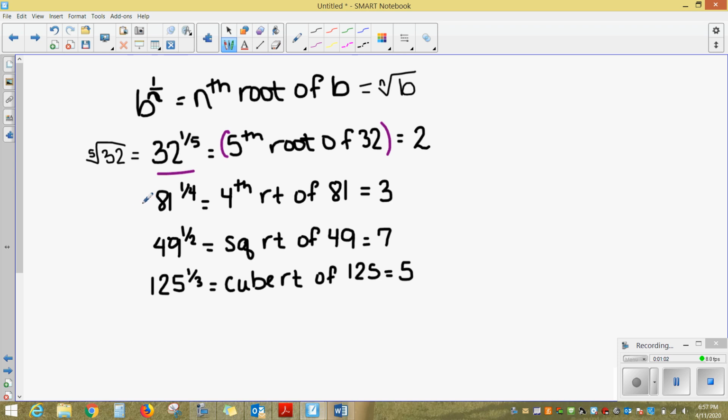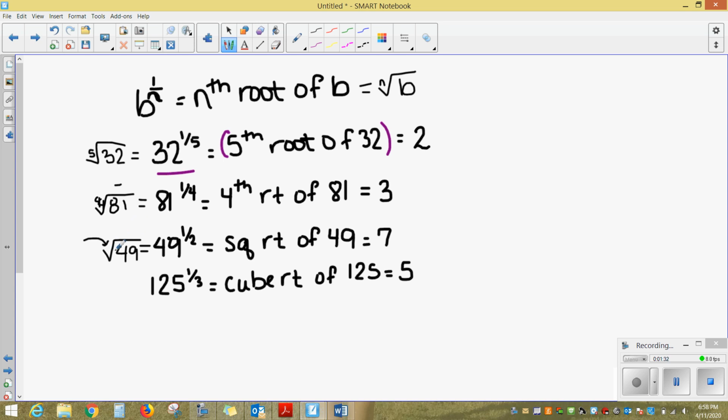Maybe I want the fourth root of 81. This is a 4, can't really tell, so I put a 4 there in the radical. If I am talking about a square root, the square root of 49, I can leave the number out of that little dip completely.